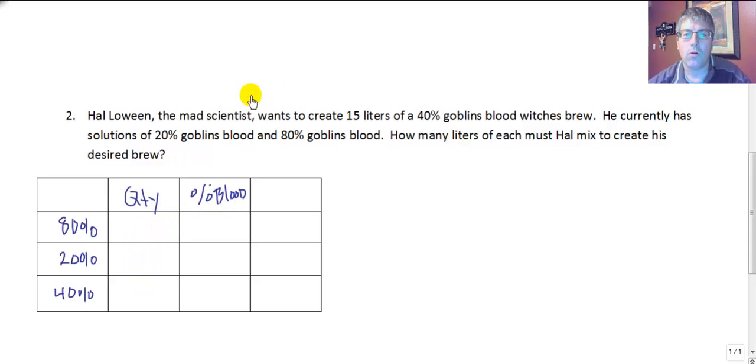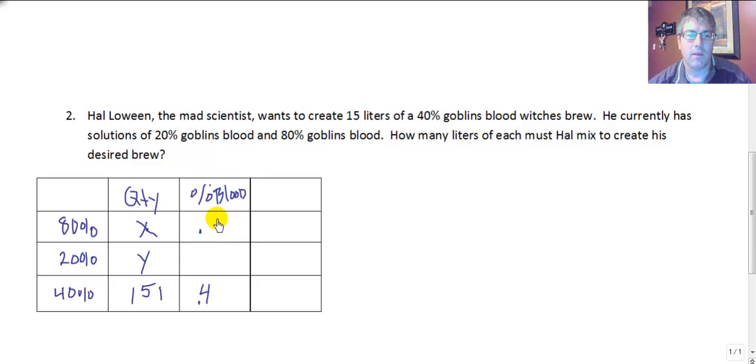Well, we want our total quantity. We want to create a 40% witch's brew here. So we know that that's going to be 0.4. That's 40%. And the total quantity is going to be 15 liters. Well, we don't know how many liters of each must he mix of the 80 and the 20%. So we'll make x the quantity at 80%, and y will be the quantity at 20%.